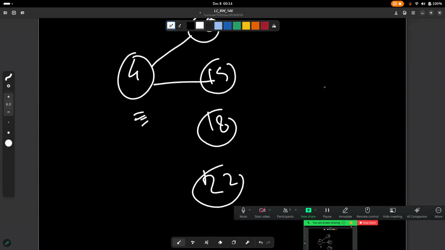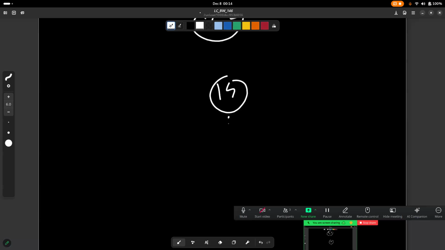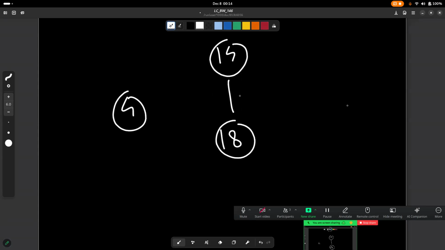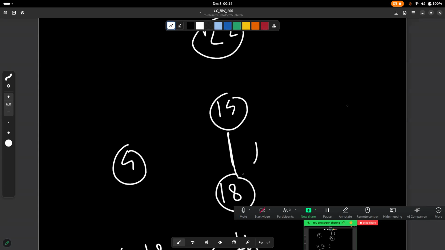Let's just say that you have an edge from 14 to say some number 18. All right. And this is your 4. You have this edge from 14 to 18. What does this signify? Well, it signifies that 14 into 18 divided by the greatest common divisor, which we have fixed to be 2, is less than or equal to the threshold. All right.